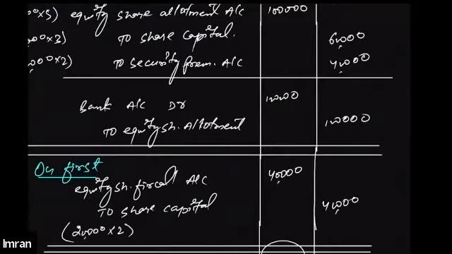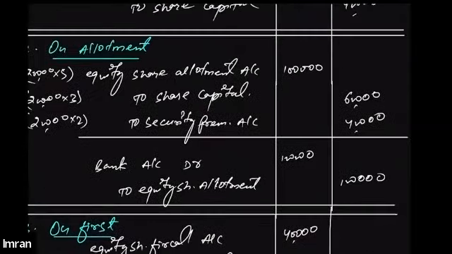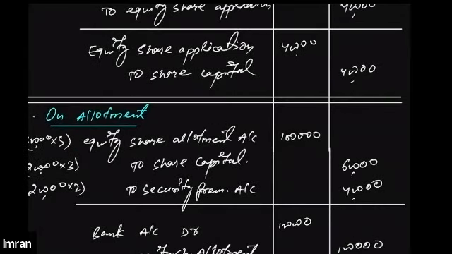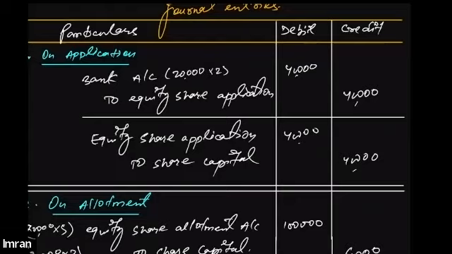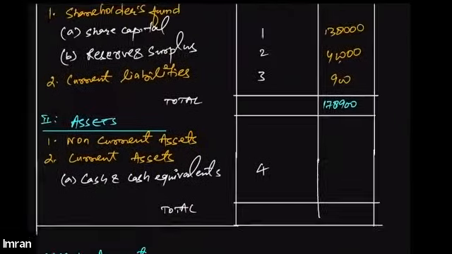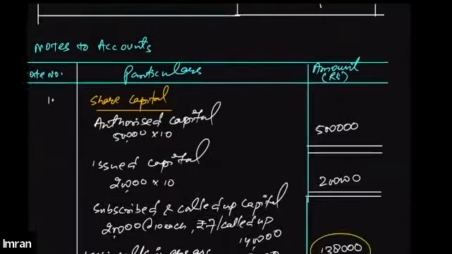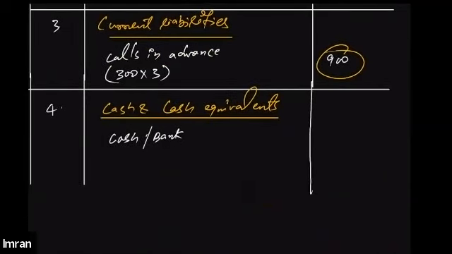So this sum total of 1 lakh and 38,900 is 1,38,900. And on application we have received 40,000. So that means 1,78,900 we have collected through the process of issue of shares. That we can write down here in this working note.